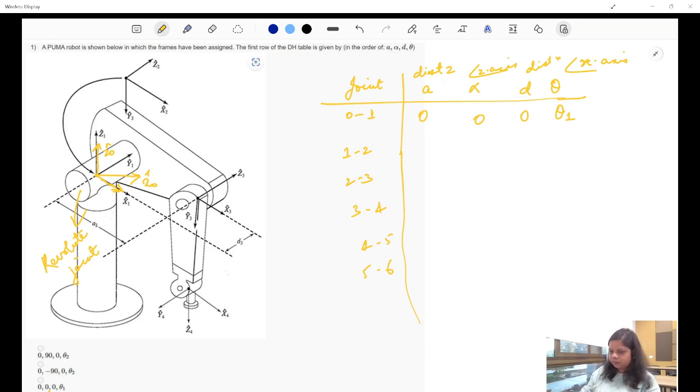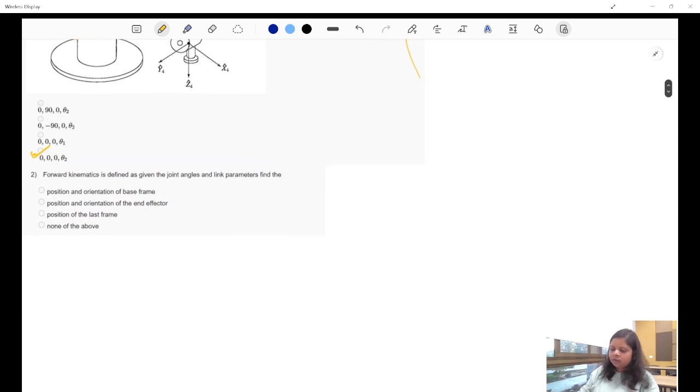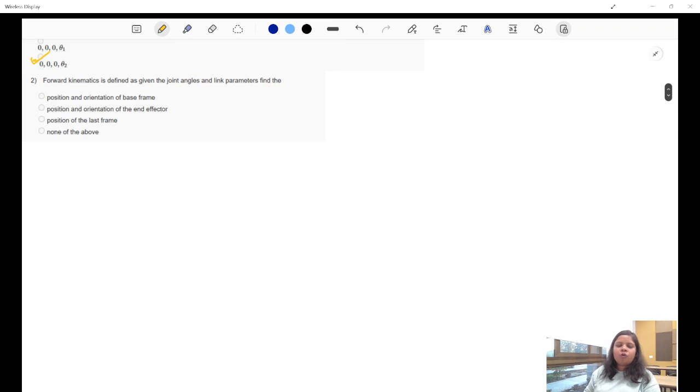Okay. So let's move to the next question. Before we move to this question, I understand that you have already learned what is forward kinematics and what is inverse kinematics. Last class also we had discussion regarding the same, but I want to ask what is known and what is unknown.